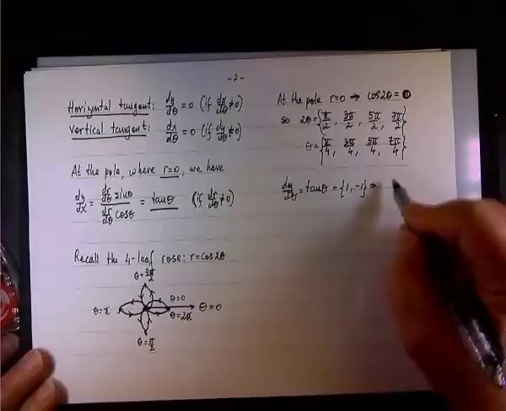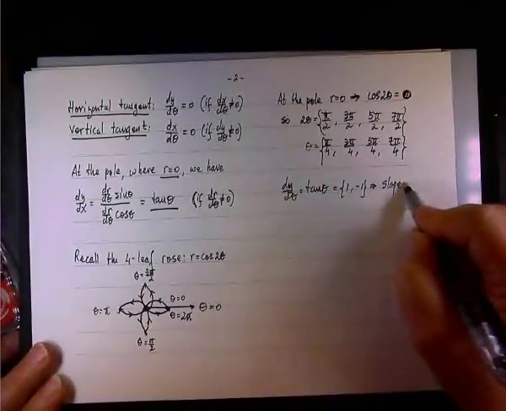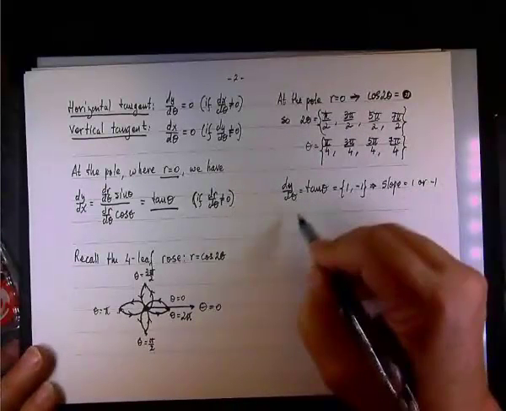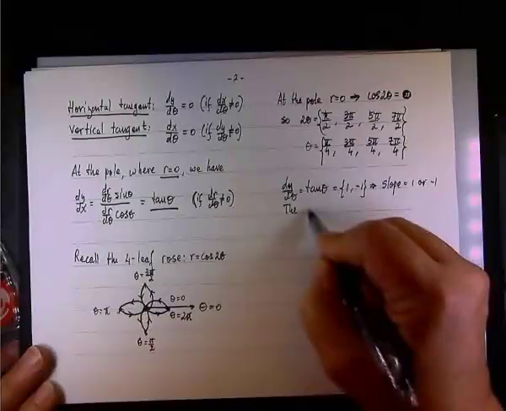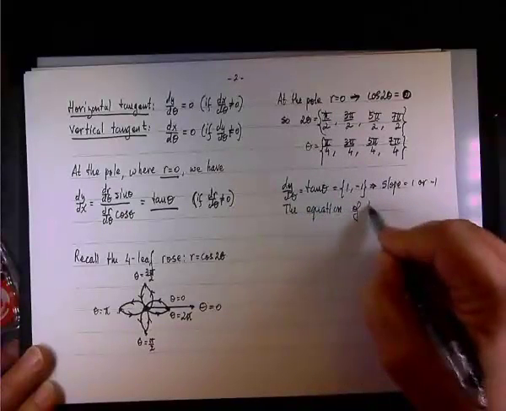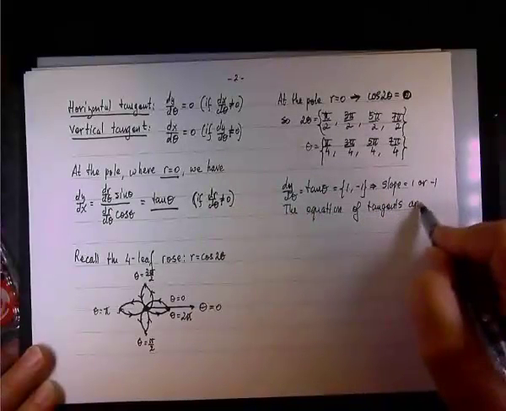So this will be 1, and in the second and fourth quadrants, the tangent is negative. So it means that we have a slope equal to 1, or -1.